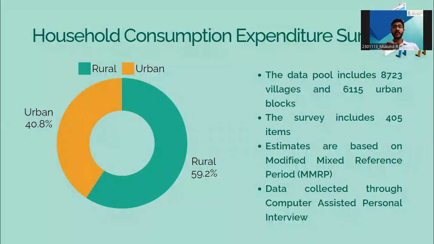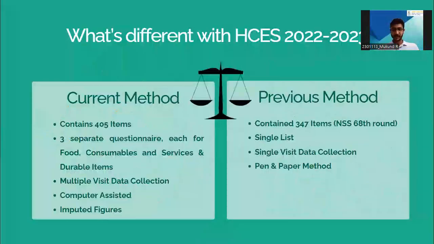The survey included 405 items, and the estimation was done based on the modified mixed reference period, where the recall period was based on either 7 days, 30 days, or 365 days for the various goods that have been classified in this survey. The data was also collected through computer-assisted personal interviews.